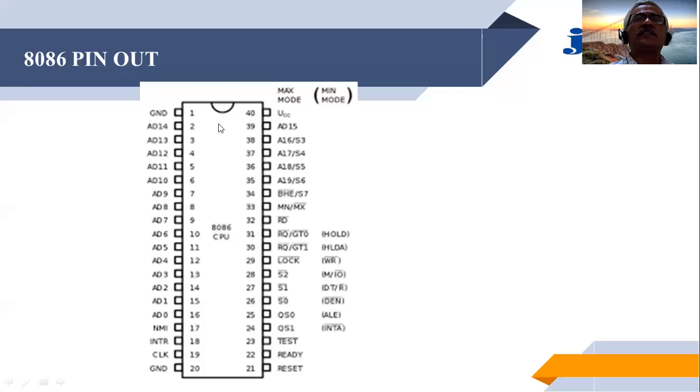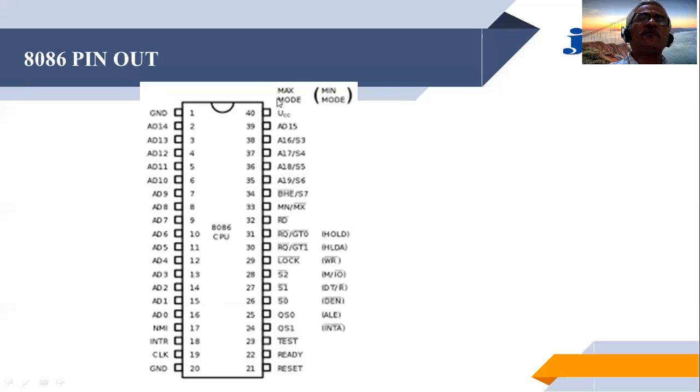These lines are for the address. After demultiplexing, you have the lines A0 to A14 at pin number 2, then A15 at pin number 39, coming down, and pin number 35 is A19.